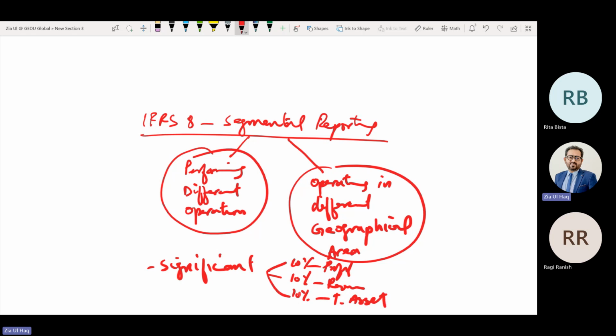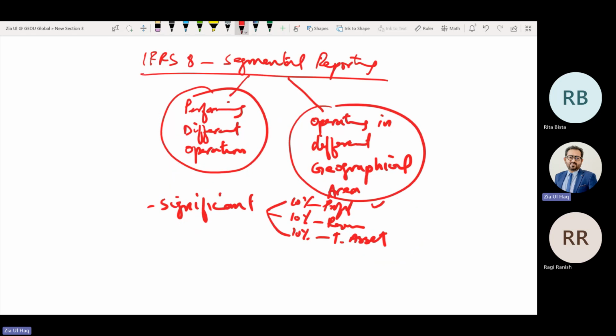It's not materiality. Materiality is 5% of profit, 1% of revenue, 1% of total assets. In accounting, significant means that the segment contributes 10% or more of total profit of the business, 10% or more of revenue, or 10% or more of total assets. If any one of the criteria is fulfilled, we will call it significant.